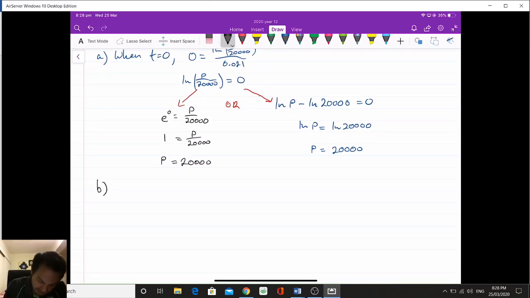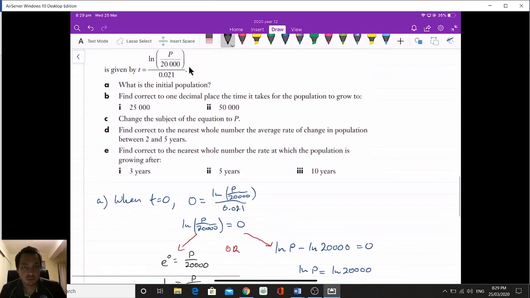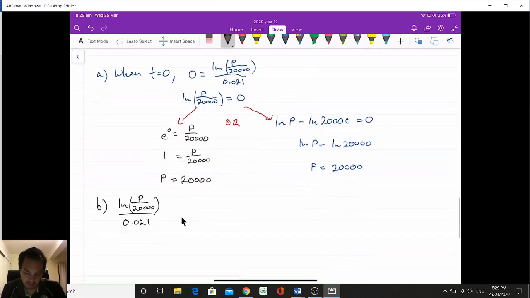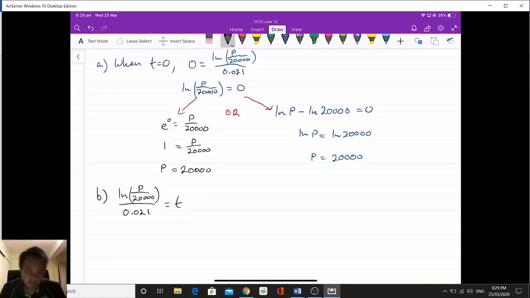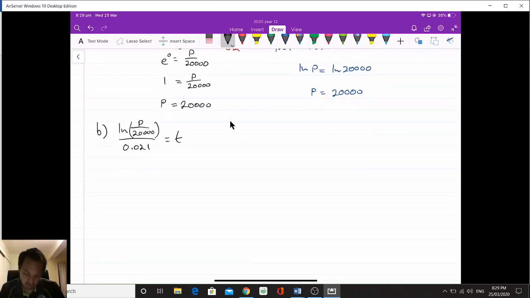I'm going to write it down as ln of p over 20,000 over 0.021 is equal to t. Taking a few lines, but from this I would multiply both sides by 0.021. So ln of p over 20,000 is equal to 0.021t.